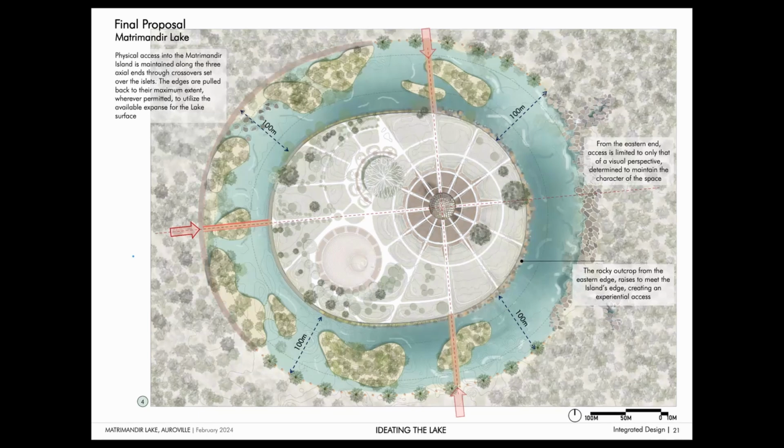So you do not see a static 100-meter band around the Matrimandir as one single water body, but something that moves as a response to the topography in the case of levels, or in the vegetation in the case of existing vegetation. So the maximum width, I repeat, will be kept at 100 meters with the inner edge as a defined geometry, whereas the outer edge has a variable profile.